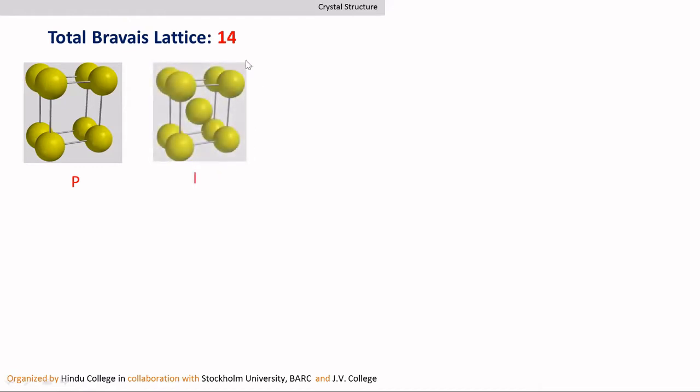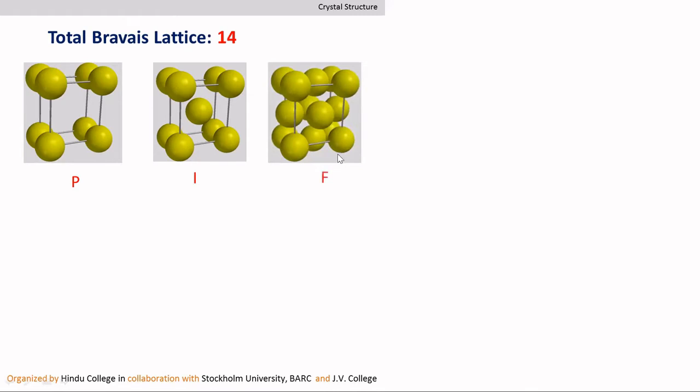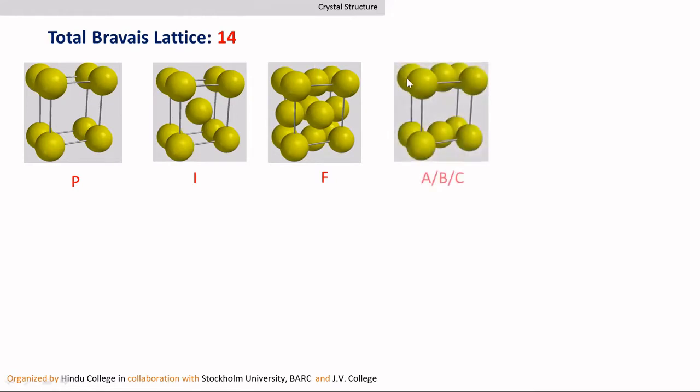Whereas in case of body-centered unit cell, along with the corner, the constituent particles will also be present at the body center. In case of face-centered, along with corner, the particles will be present at the center of each face. And in case of end-centered, along with corner, the particles will be present at the face center of 2 parallel opposite faces.